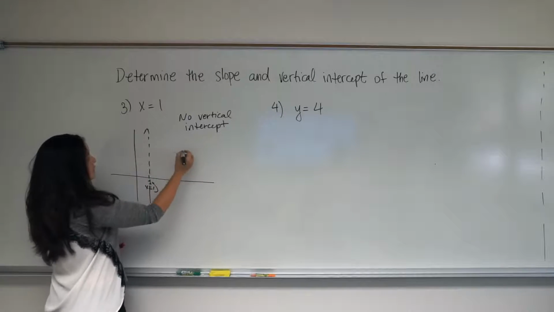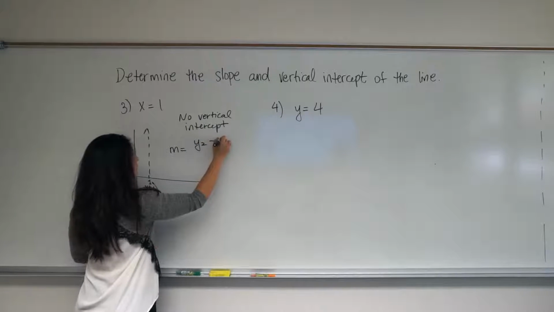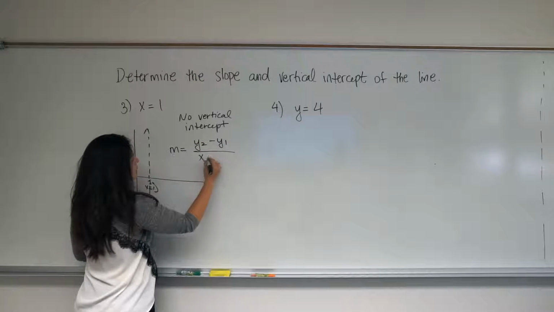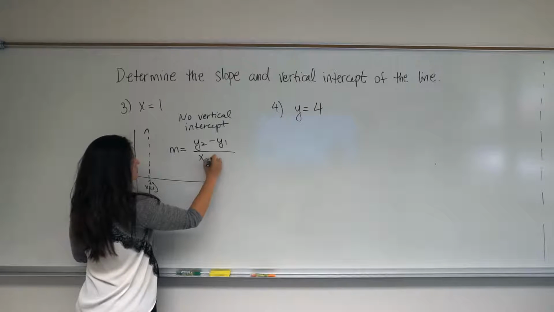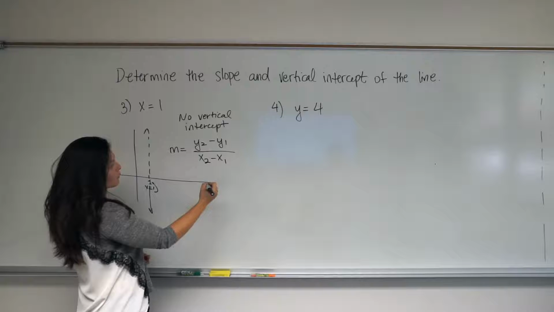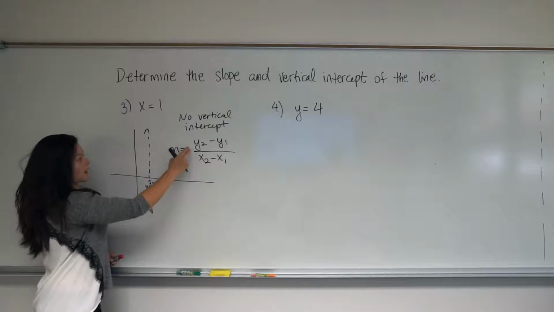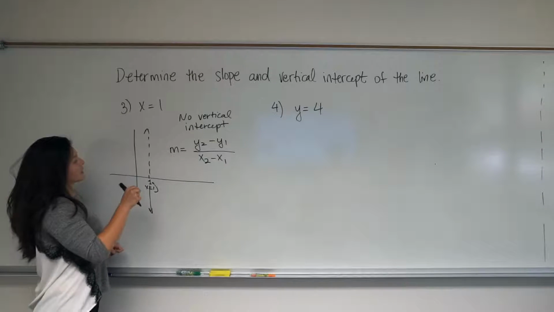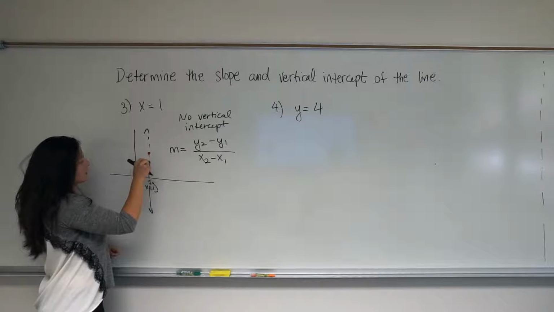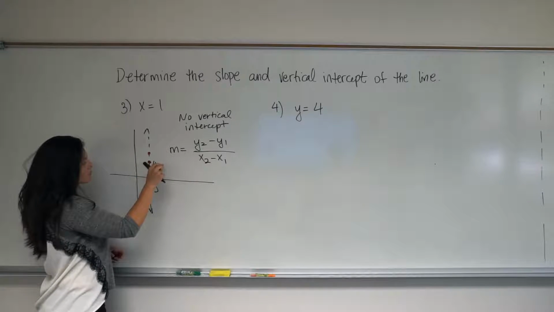So remember the formula for slope that we've discussed looks like this: y2 minus y1 divided by x2 minus x1, where x1, y1 and x2, y2 are 2 points on the line that you're talking about. But notice if I take 2 points on this line, we said that x has to equal 1 for both of those points.